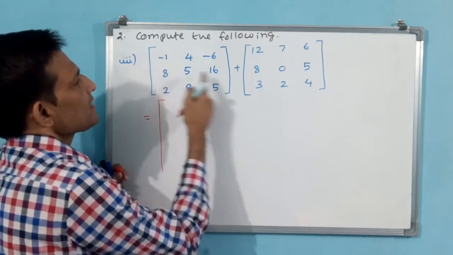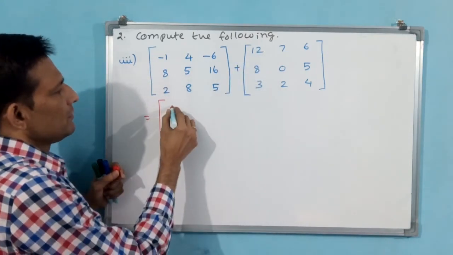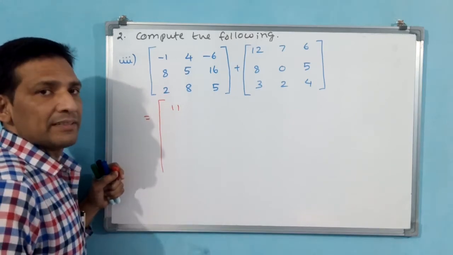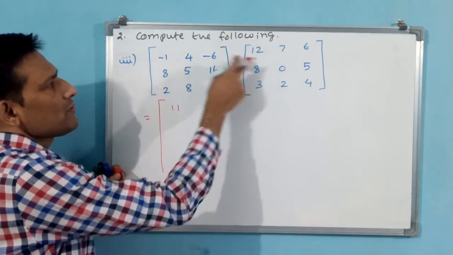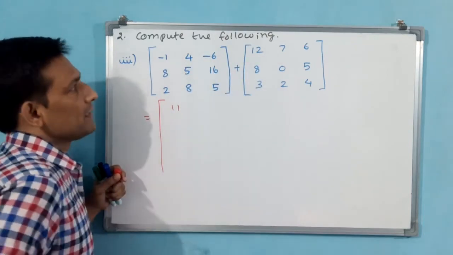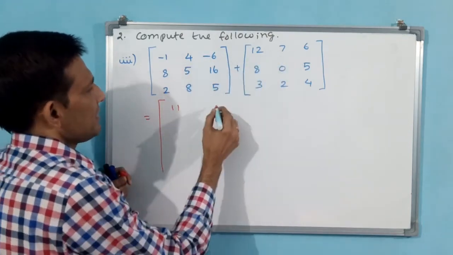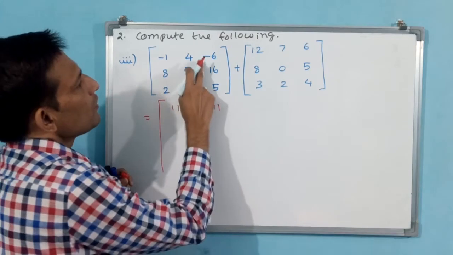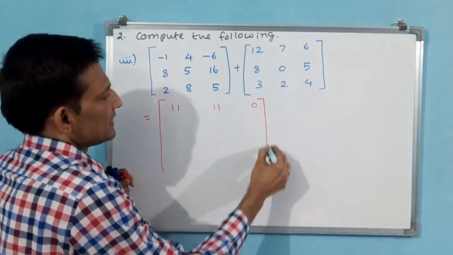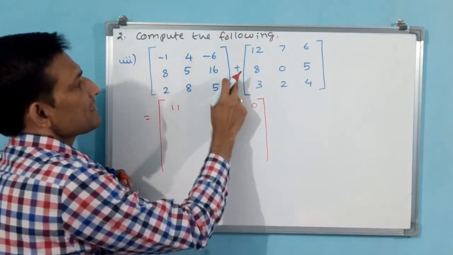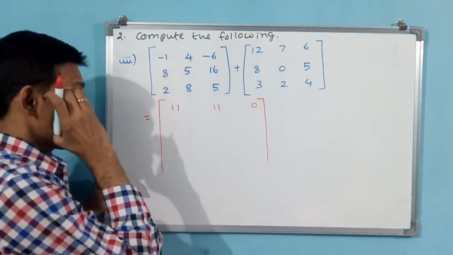Write down first -1 plus 12. Shall I write directly 11? Directly we can write 11. Why? Because minus plus means minus you have to do. 12 minus 1, 11. Okay, 4 plus 7, 11. 6 minus 6, 0. Plus 6 minus 6. Okay? 0.